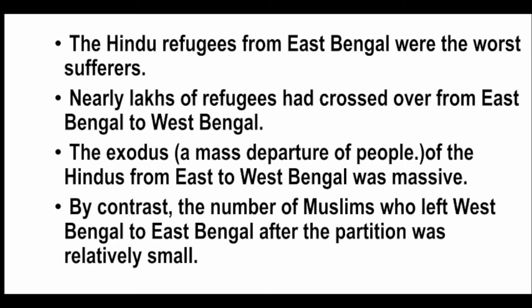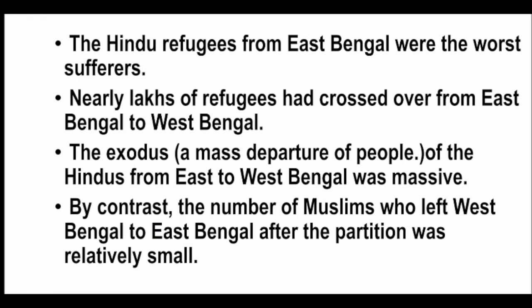The Hindu refugees from East Bengal were the worst sufferers. Nearly lakhs of refugees had crossed over from East Bengal to West Bengal. The exodus of Hindus from East to West Bengal was massive. Here, students, exodus means a mass departure of people.